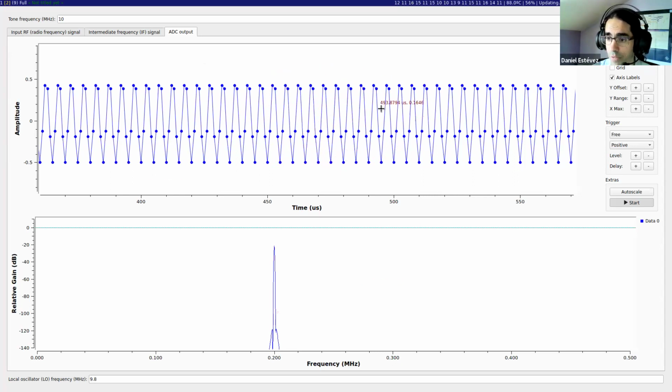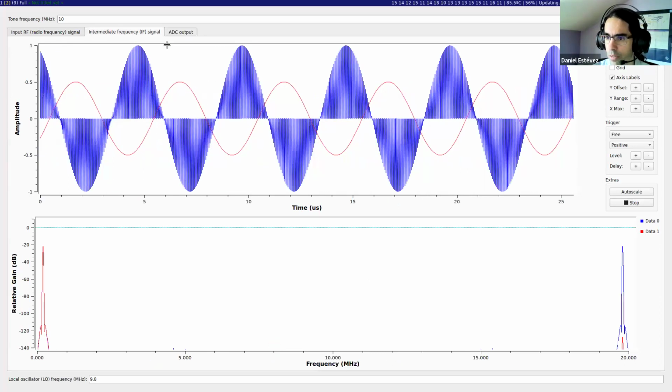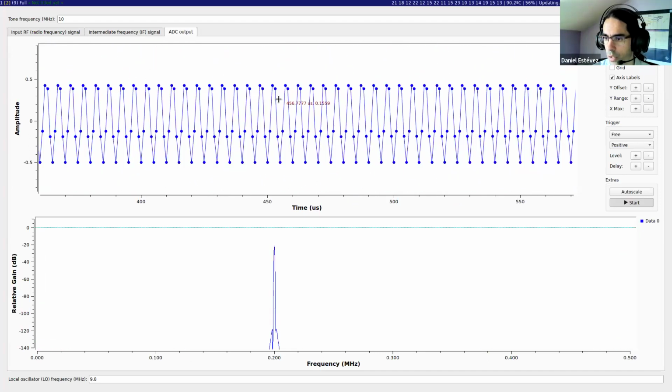And this is more advantageous to perform calculations with the computer, because instead of having to deal with 40 million numbers per second, we only have to deal with 1 million numbers per second. So when doing digital signal processing, decimation is very commonly used to reduce the sample rate to something which is as small as possible.